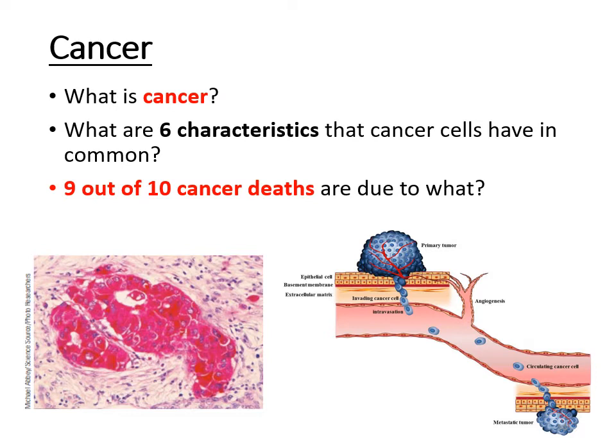And then that brings us to the 6th characteristic, which is the most dangerous and the reason why so many cancer deaths end up occurring. The 6th characteristic is that cancer cells are capable of metastasis. And when you hear metastasis or metastatic, that means that they can travel.